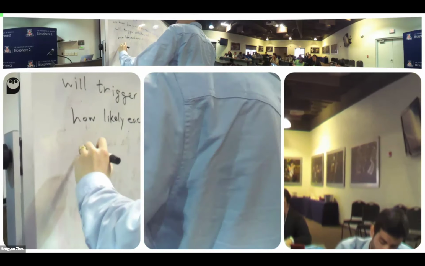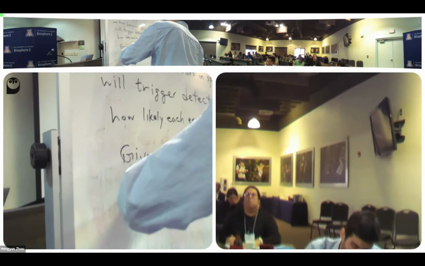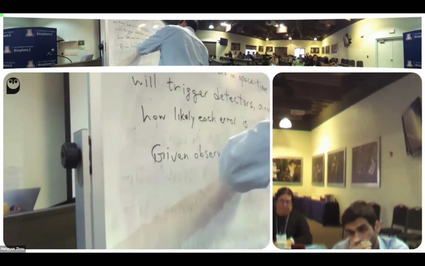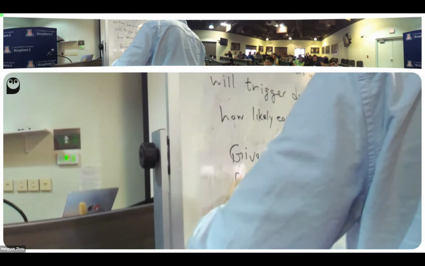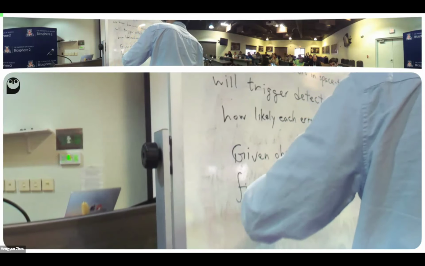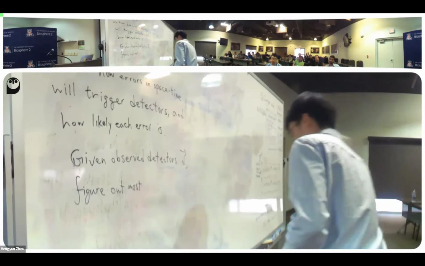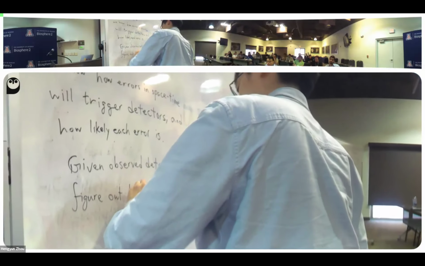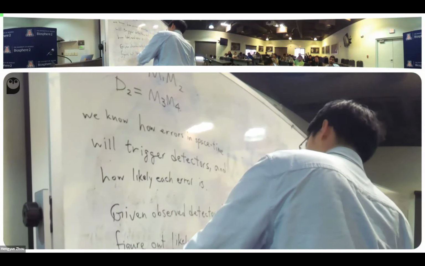And then given observed detectors, we want to figure out the most likely error. Or figure out a likely error. I guess decoders oftentimes don't necessarily figure out the most likely one, but figure out a likely error in space-time.